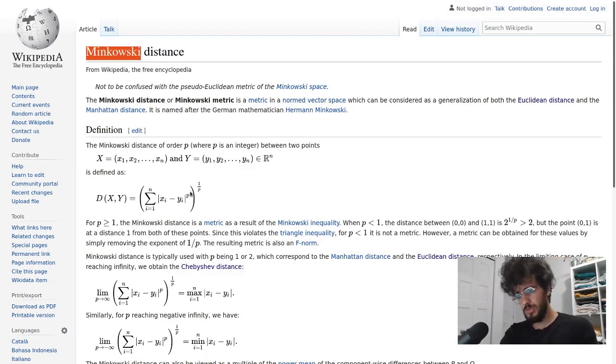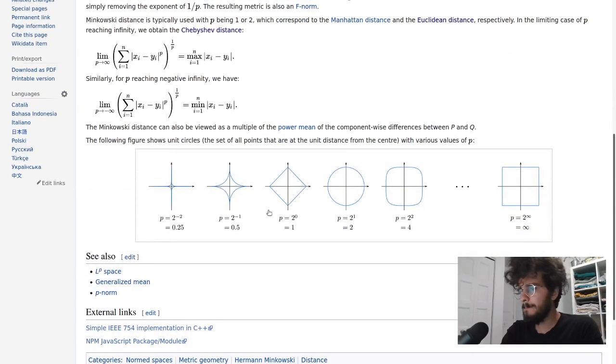If you put a 2 over here, that's literally the Euclidean distance, because you're doing exponent 2 over here and the square root. But then you can do exponent 3, exponent 4, you can even do exponent 0.5. That's kind of cool. And at infinity it will be a big huge square, and here it will be a bit rounded if you go with exponent 2. So Euclidean, Manhattan, this is a generalization.